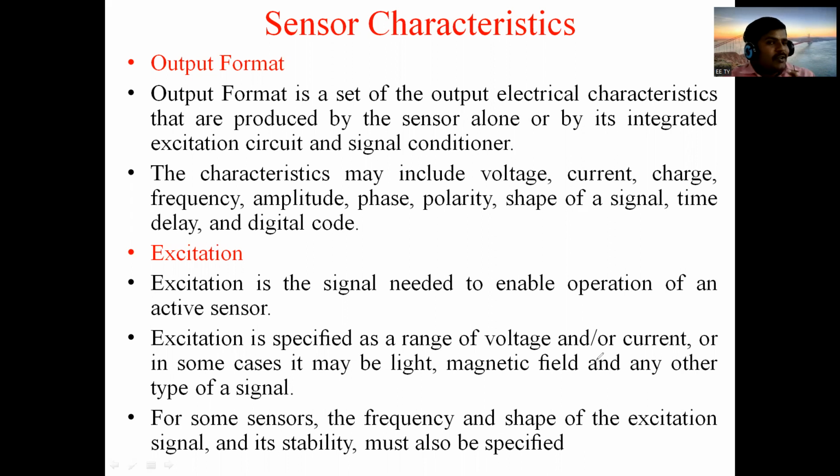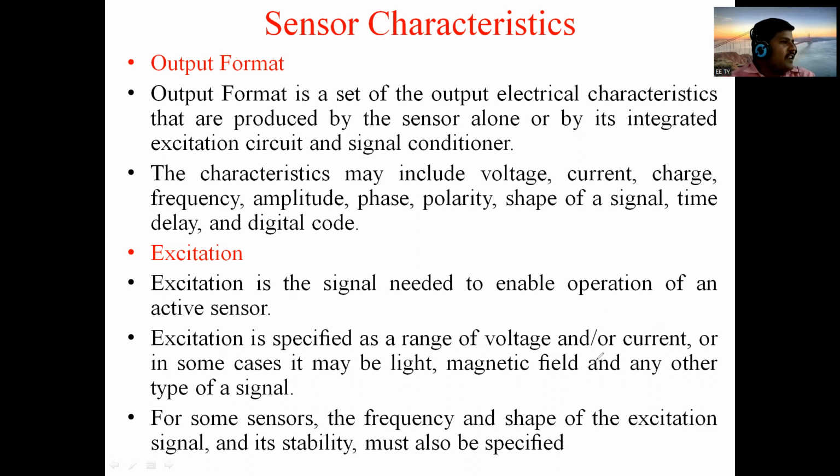Understood? Output format is nothing but the set of output electrical characteristics produced by the sensor alone, or by integrating an excitation circuit or signal conditioning. If the output obtained from the sensor is voltage, that is one format.